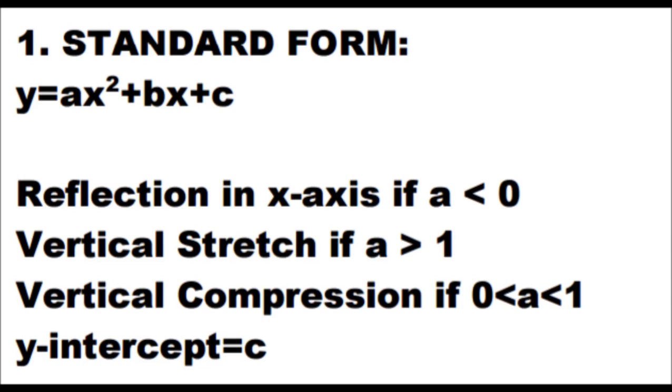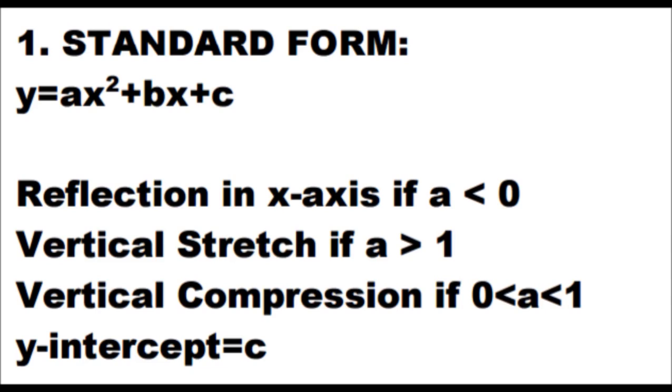And if a is between 0 and 1, then it is a compression. So it would be, if it's 1 over 2, or if it's 2 over 5, etc. And the y-intercept is equal to c.